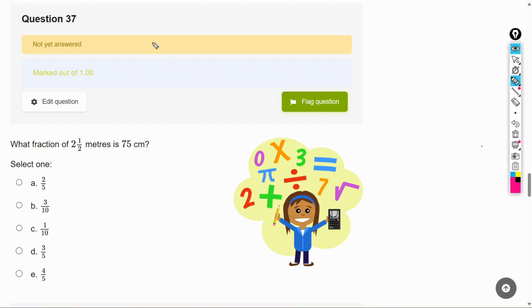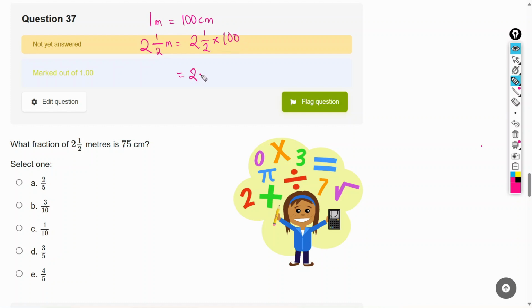2.5 meters to centimeters: 1 meter is equal to 100 centimeters. So 2.5 meters should be equal to 2.5 times 100.